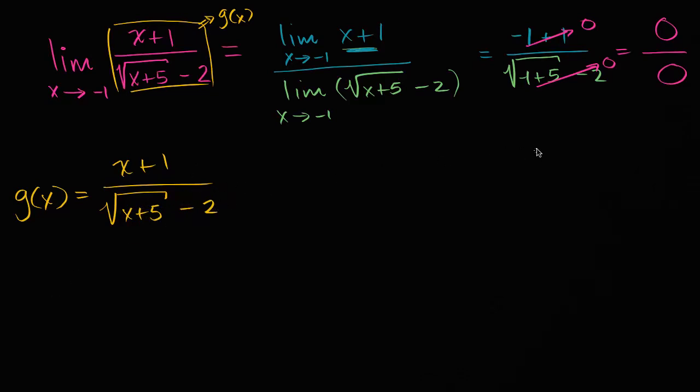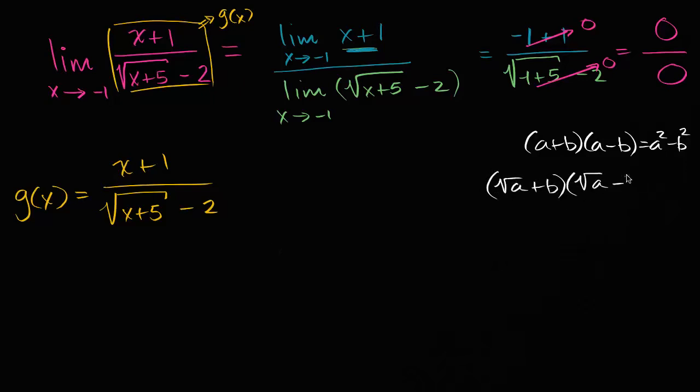We know that a plus b times a minus b is equal to a squared minus b squared. You learned that in algebra a little while ago. Or if we had the square root of a plus b, and we were to multiply that times the square root of a minus b, well, that would be the square root of a squared, which is just going to be a minus b squared. So we can just leverage these ideas to get rid of this radical down here.